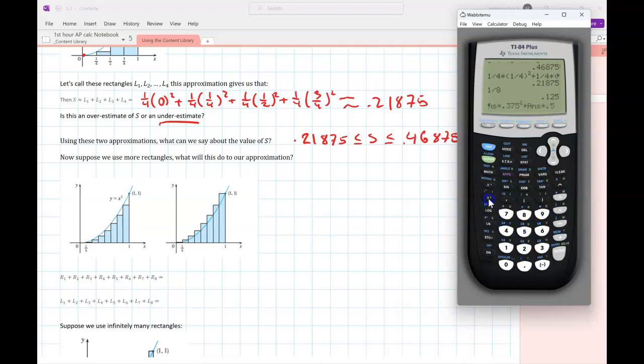So again, this is just me grinding through that same formula that we've been doing.